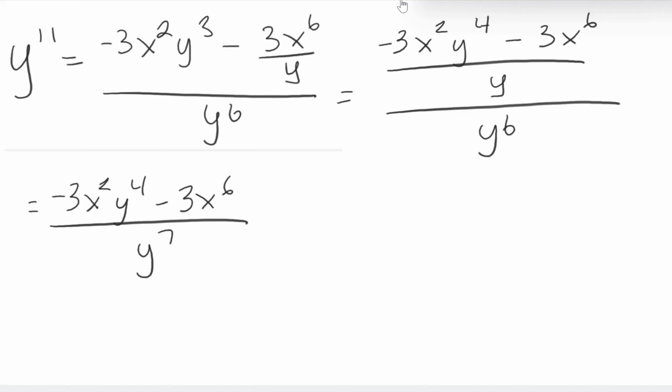If I divided this by y, I have to put something at the top, otherwise it changes it. So that's why that y to the third became y to the 4th. And then in essence, you can just move it down to the bottom because you're multiplying by the inverse of the bottom part, and it just works out.